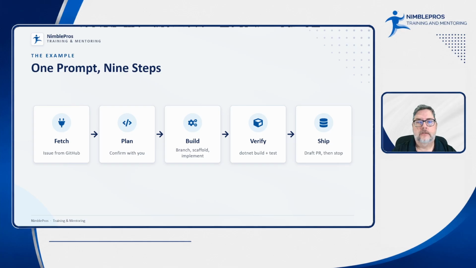And that all the unit tests that it has put together are correct. When it has a successful build and test, then it will do a draft PR. And at that point, it's going to stop because that was the instruction that I gave to it. And I'll show you the whole workflow, that instruction that I've put together here, in just a minute. But this is the process that it's going to go through for this particular workflow for implementing a GitHub issue.